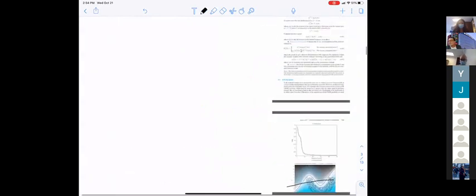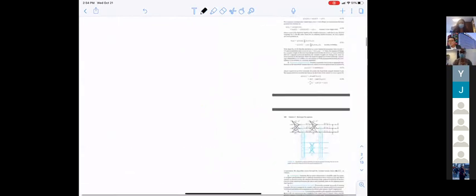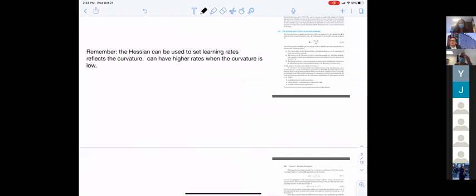Haykin spends a lot of time looking at variable learning rates. Remember, I said learning rates are almost always set to be small constants. But you can use the Hessian to set learning rates the same way that we talked about with LMS, and the derivations he gives are pretty much the same. If the curvature, and this is the curvature of J of W with respect to W, is low, then you can move very fast.